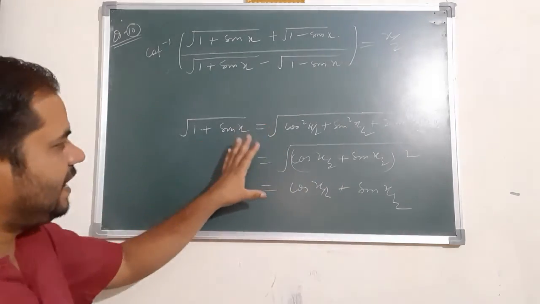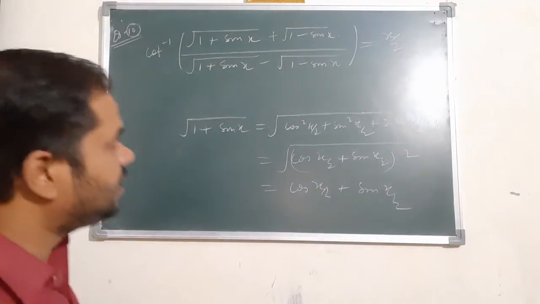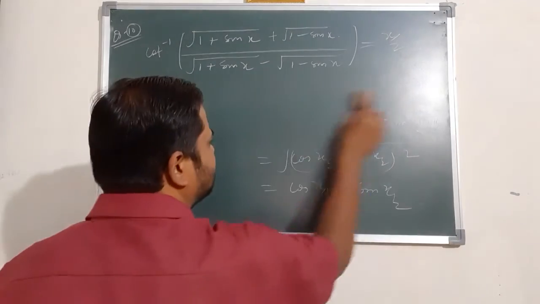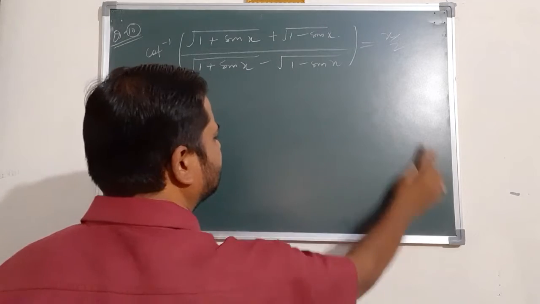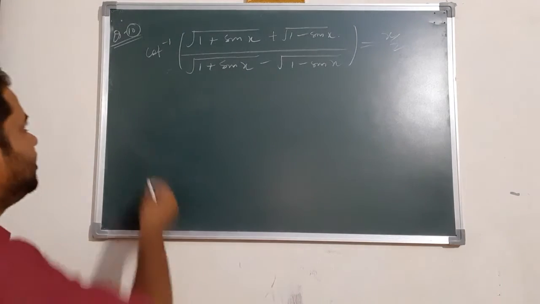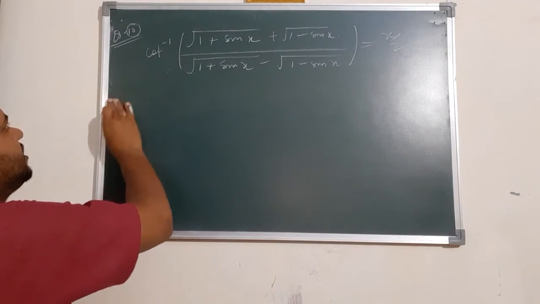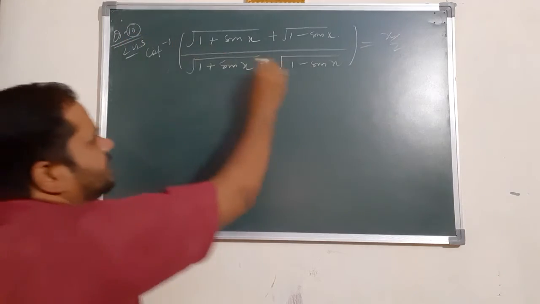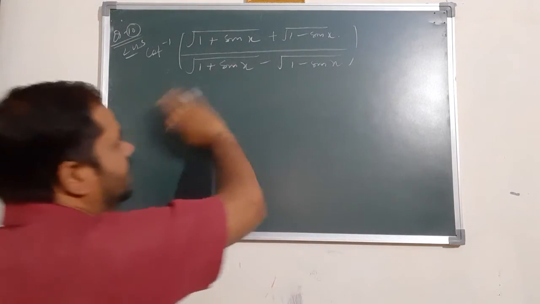So if we write like this, then this question reduces, that means the LHS reduces. If we see the LHS, we just erase it, then this is the LHS.